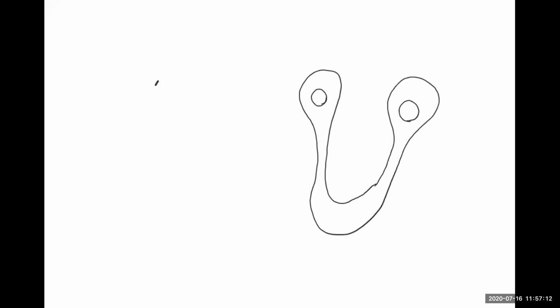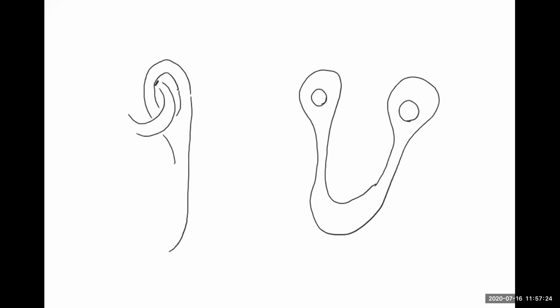And the other one was something like this. And the question is if these two things are equal or not, right?